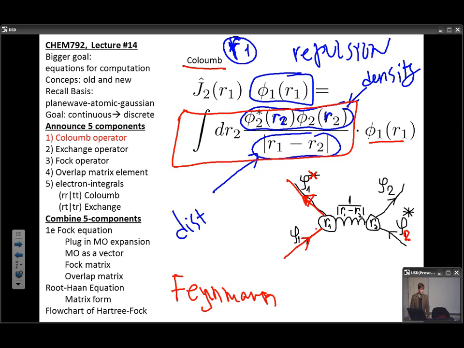And the interaction, the Coulomb repulsion or some other sort of interactions, are represented by wavy lines instead of arrows. Here we are looking at something at position 1 interacting with something at position R2, this 1 over distance, and this is represented by a wavy line.